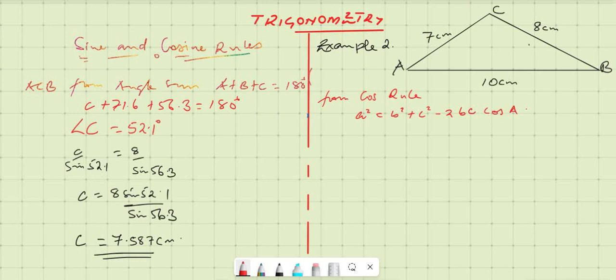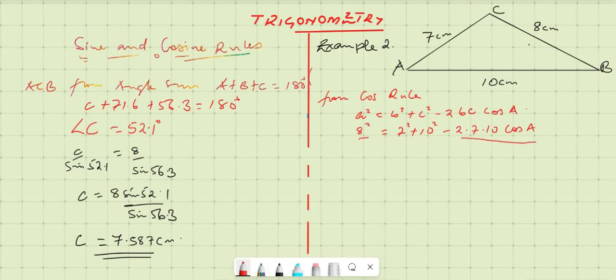So we can say that A is 8. So 8 squared is equal to 7 squared plus 10 squared minus 2 times 7 times 10 cos A. When you try to make the cosine of A the subject of the formula, I am going to take this one on the left and bring this one on the right.